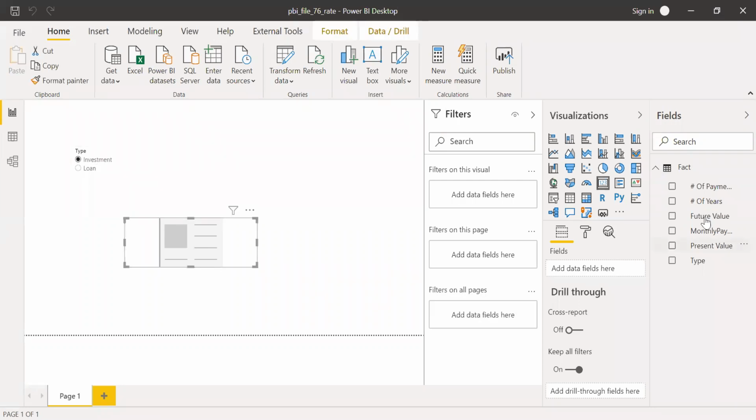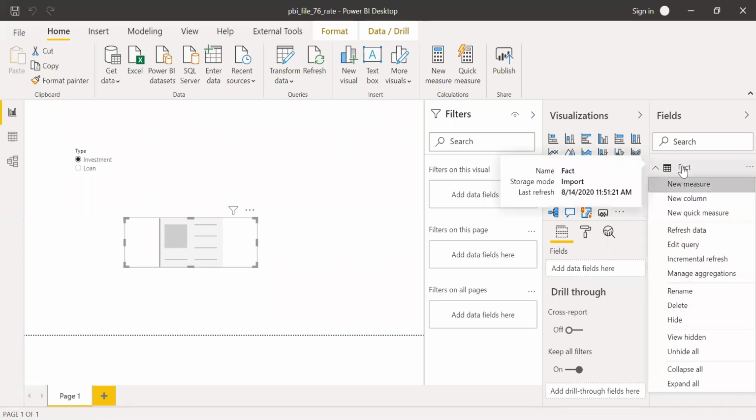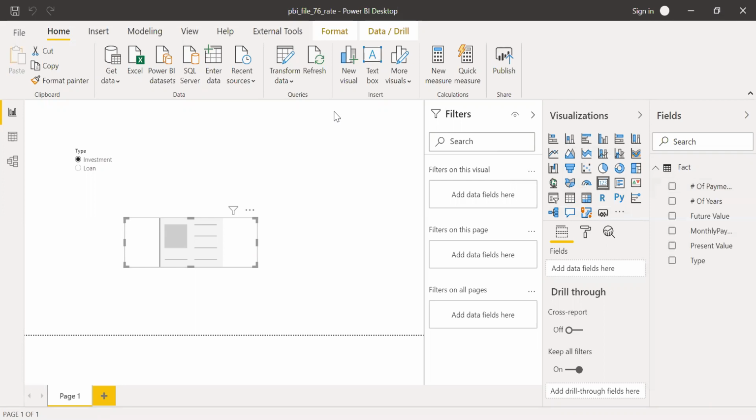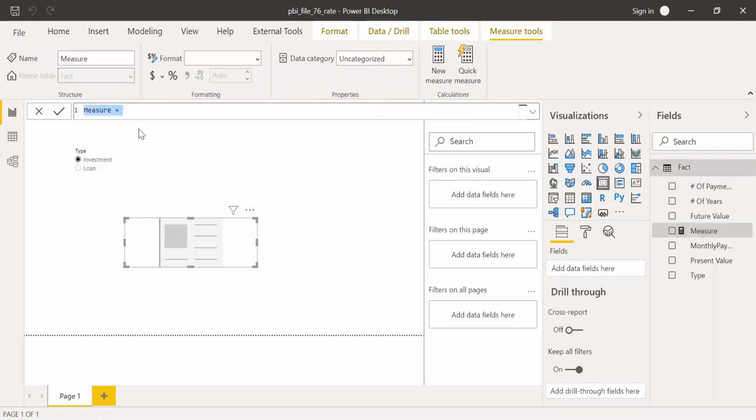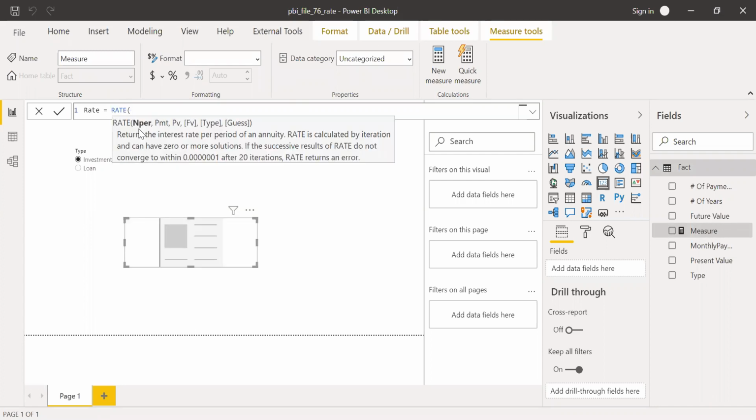So now let's try to calculate the rate. So I'm going to click on new measure and call this rate equal to, I'm going to use the rate function here. So number of total payments, it's like 10 years multiplied by 12, that is 120.